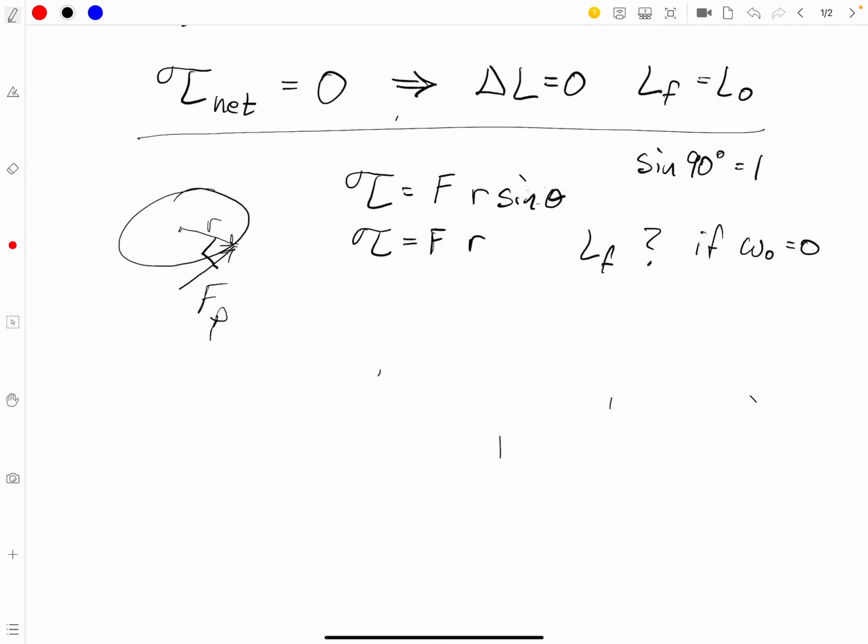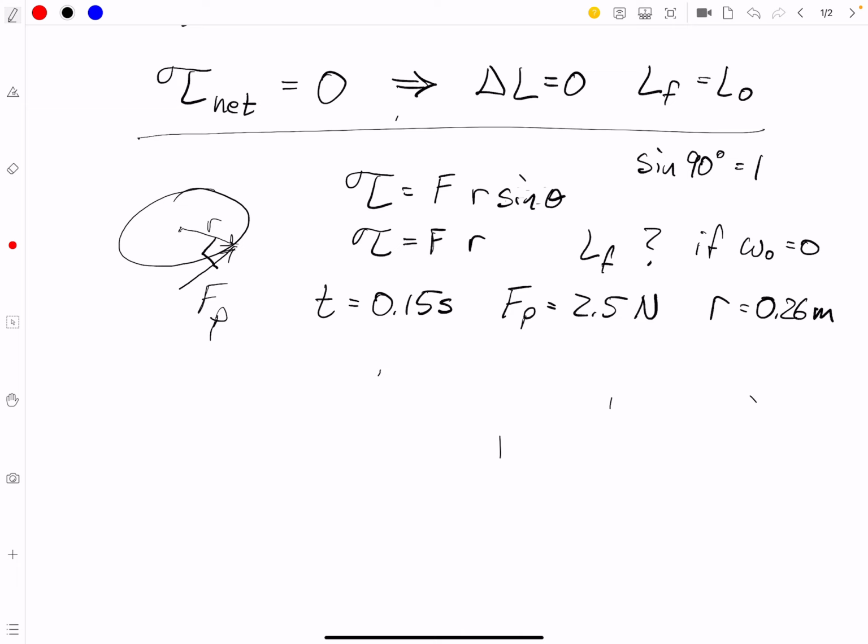We're going to be taking our time equal to 0.15 seconds, our force applied by the person is equal to 2.5 newtons, and our radius is equal to 0.26 meters. Okay, that's about the right size for a Lazy Susan.